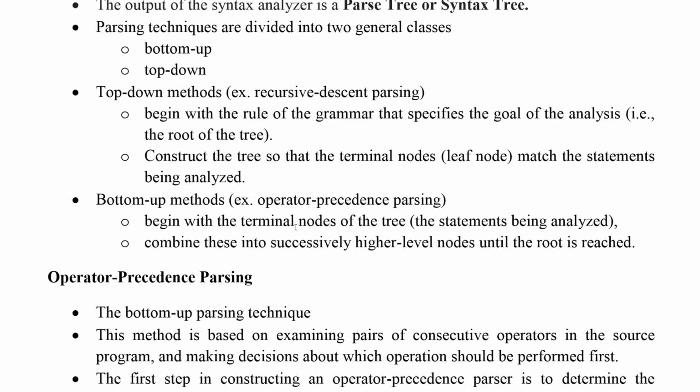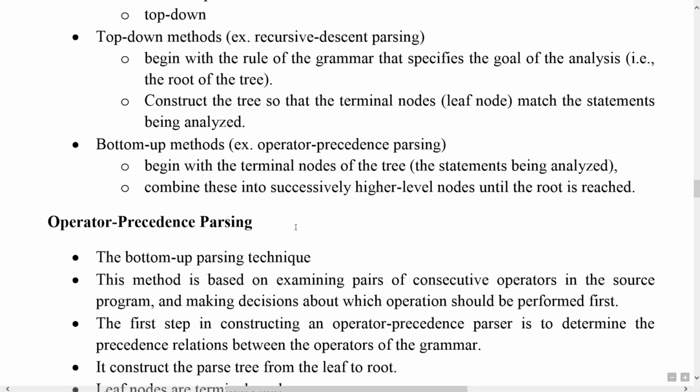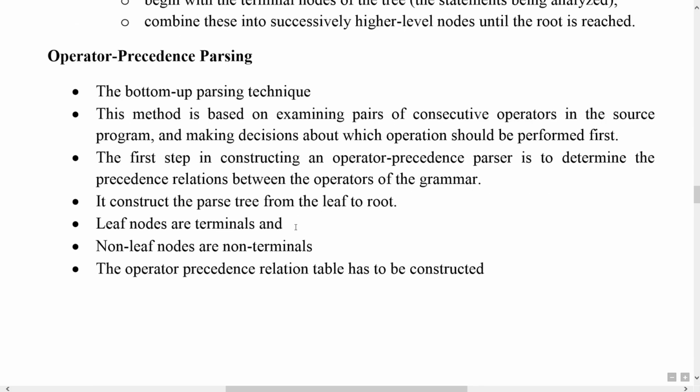Now let us discuss operator precedence parsing. It is a bottom-up parsing technique. This method examines a pair of consecutive operators. Suppose in an expression A = B + C, it performs B + C and assigns the value to A. Suppose the expression is A = B + C * D. Then it performs the multiplication first and then the plus operation.